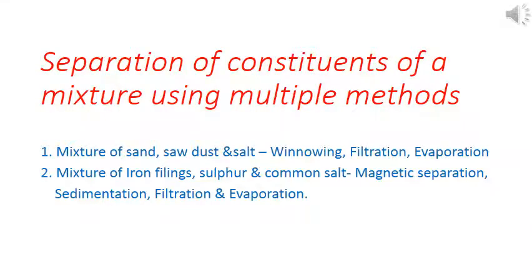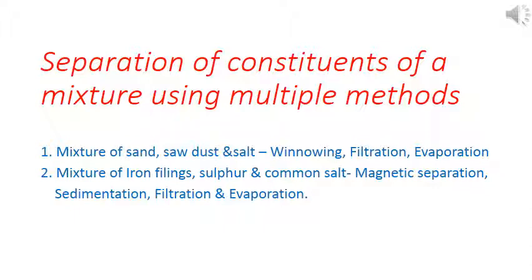We may have a mixture of sand, sawdust and salt which can be separated by using winnowing, filtration and evaporation. Where we have a mixture of many components, we sometimes need to use many methods to separate them. So, here sawdust is separated from the other two constituents by winnowing.